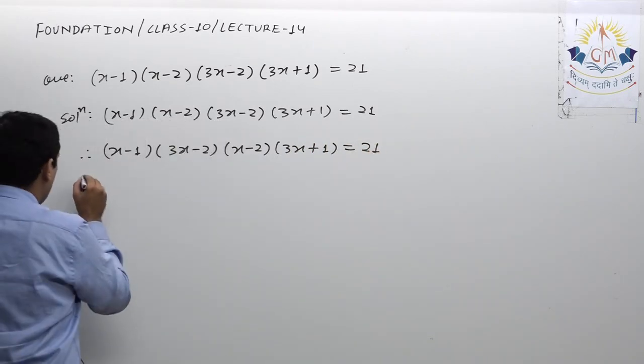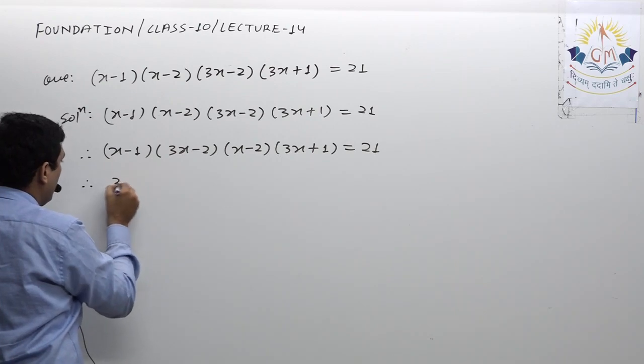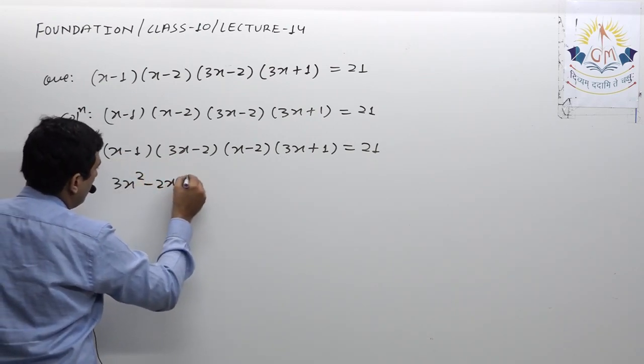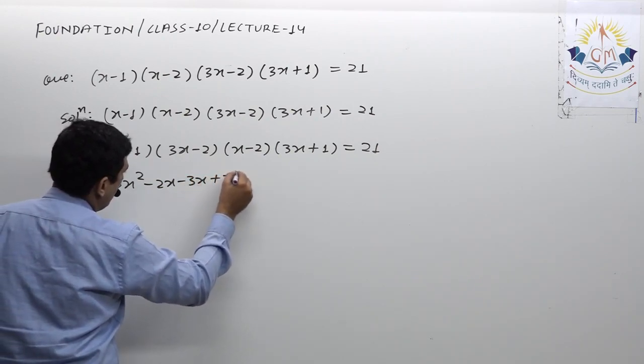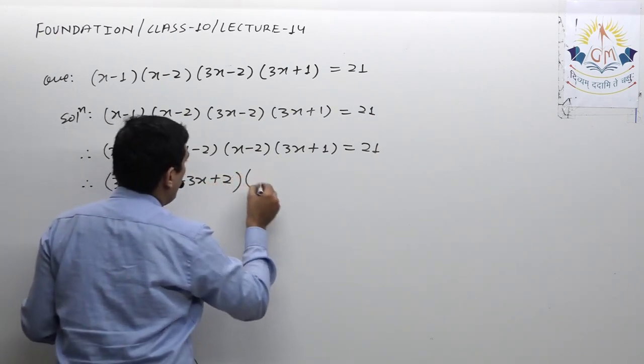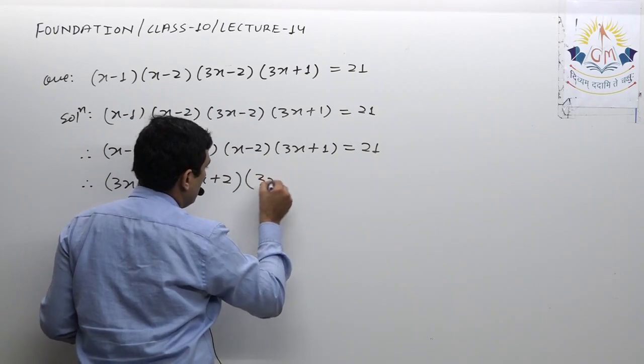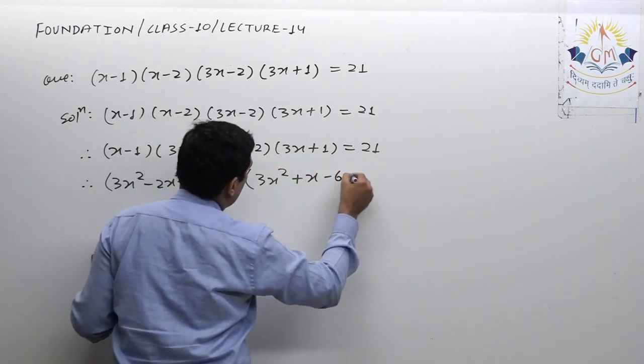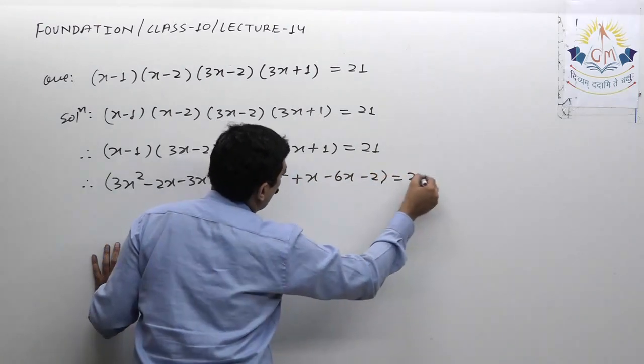Now on further multiplication, here I will get 3x square minus 2x minus 3x plus 2. Over here I will get 3x square plus x minus 6x minus 2 is equal to 21.